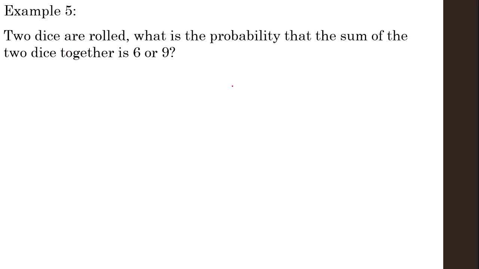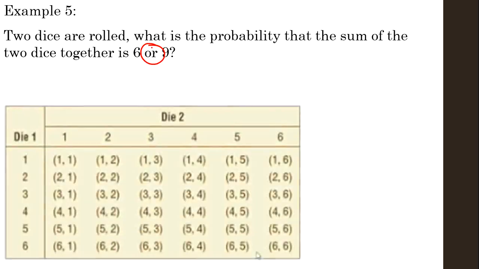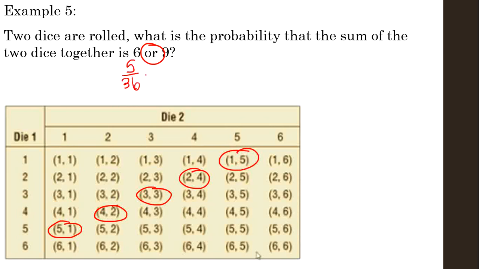Okay, looks like we have another or probability. So 2 dice are rolled. What is the probability that the sum of the 2 dice together is a 6 or a 9? So that's back to this. Let's look at 6: 5 and 1 add up to 6, 4 and 2, 3 and 3, 2 and 4, 1 and 5. So that's 1, 2, 3, 4, 5. So that's 5 out of 36, plus a sum of 9.